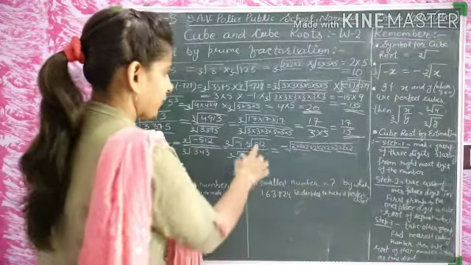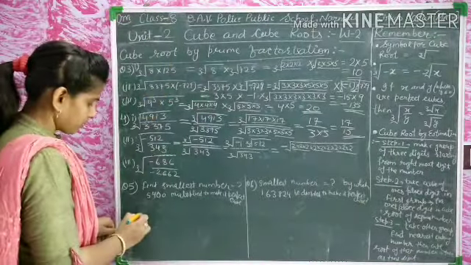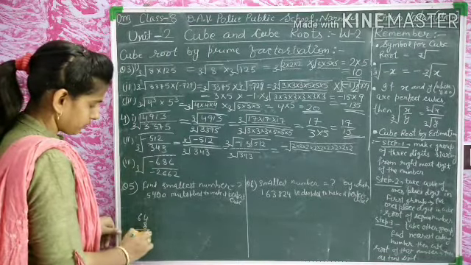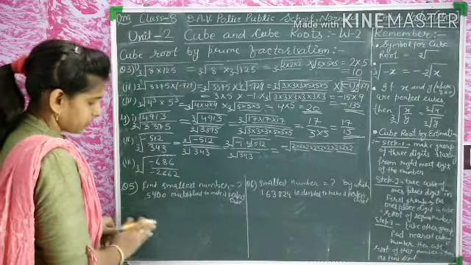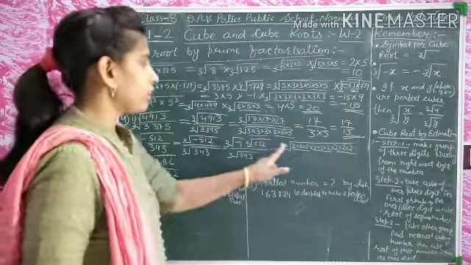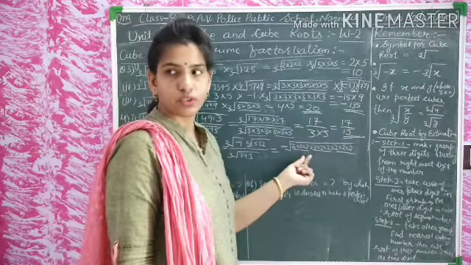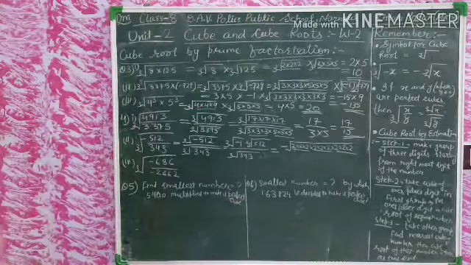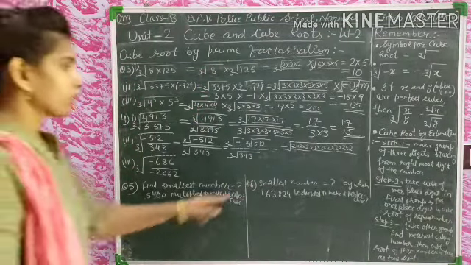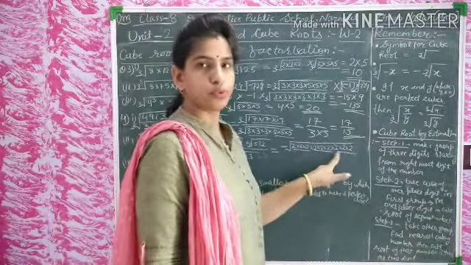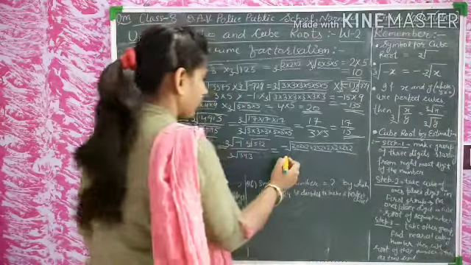512 is 8 cubed, 64 into 8. Yes, 512 is the cube of 8. So its prime factorization will be 2 into 2 into 2, 2 into 2 into 2, 2 into 2 into 2, and taking one factor from each.